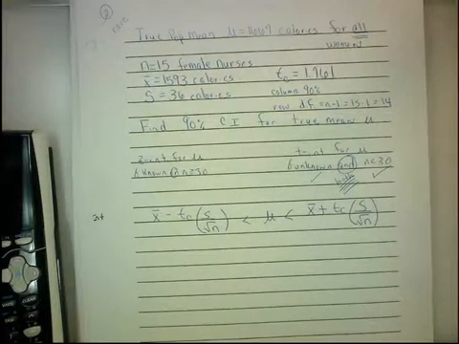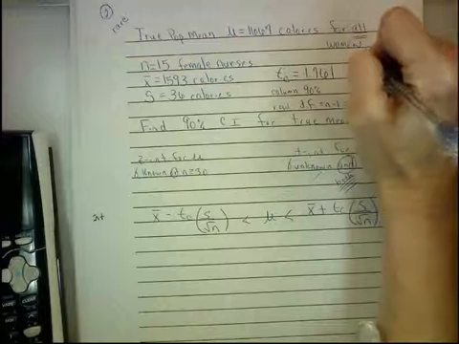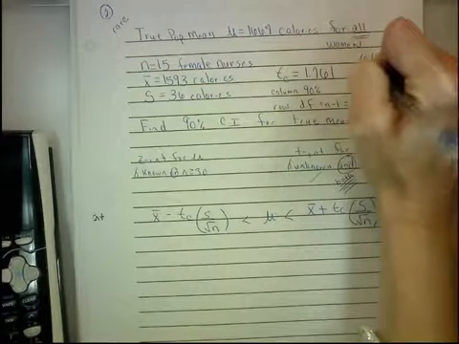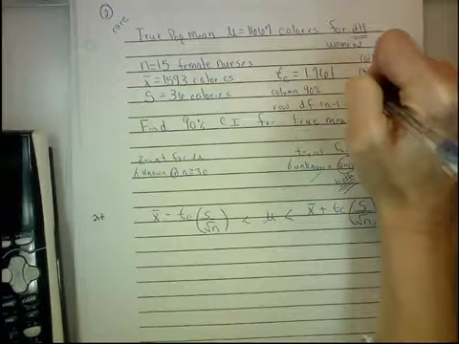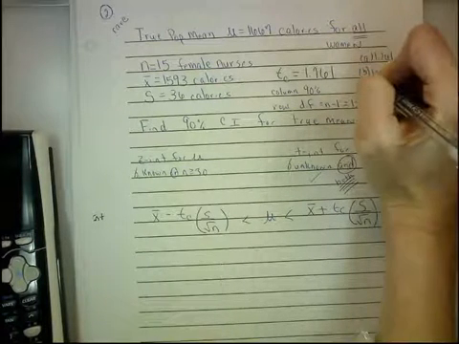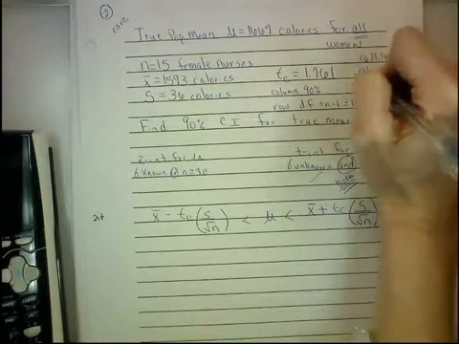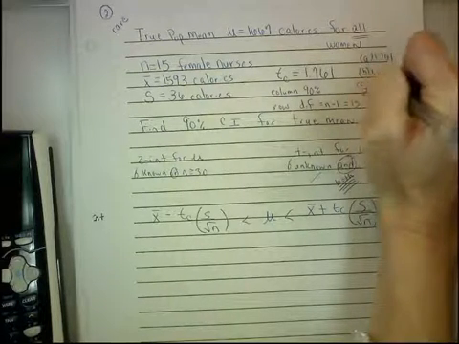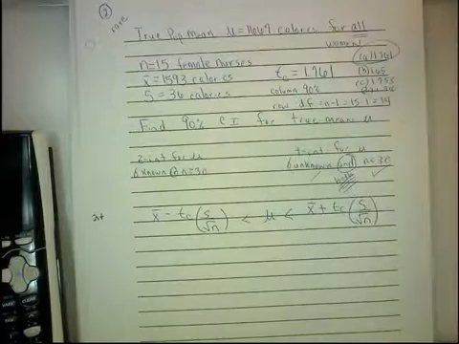And then here are the choices. A, 1.761, B, 1.65, C, 1.753, and D, 1.96. Obviously, you'd go with A.